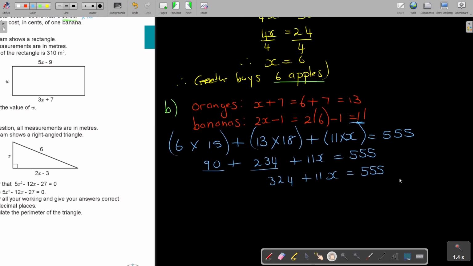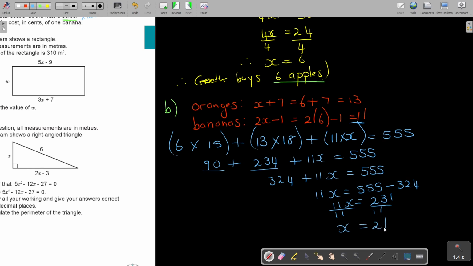Then I'm getting 11x equals 555 minus 324, so 11x is equal to 231. I divide both sides by 11, and I get the value of x is 21.